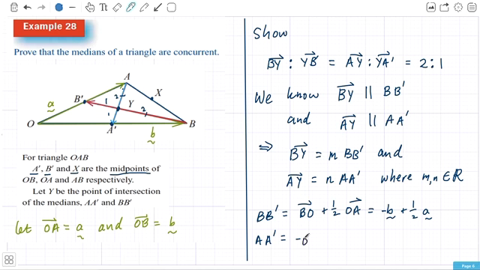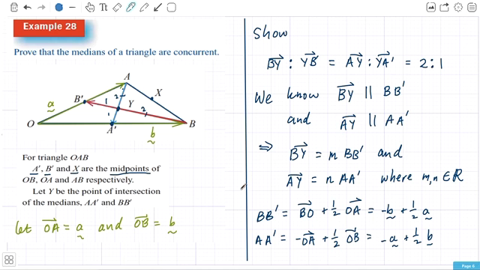I should do negative OA so we can see it properly. And then going along this vector, remember this is a midpoint here, so it would be a half the distance of O to B. So O to A, remember, is a, so we'd go backwards along a and a half b. So we've defined B' and A'.